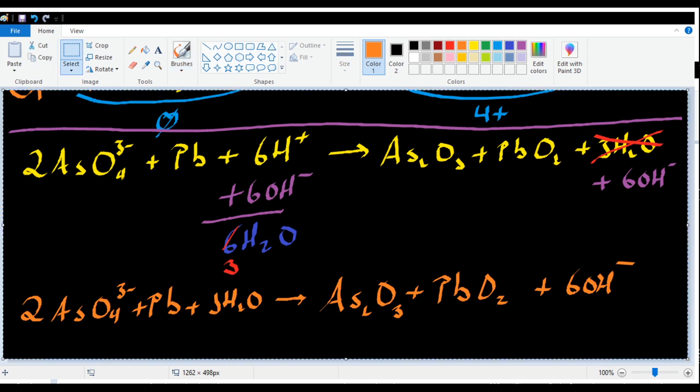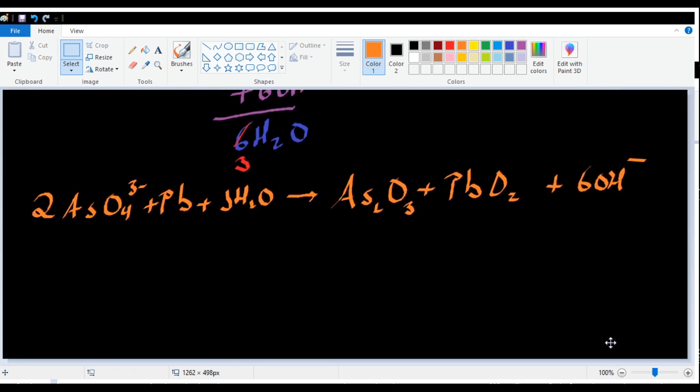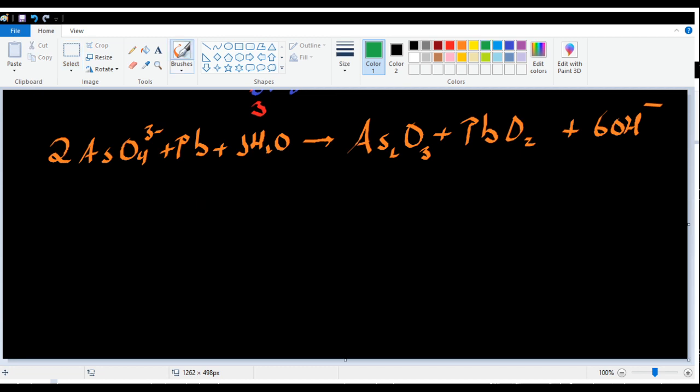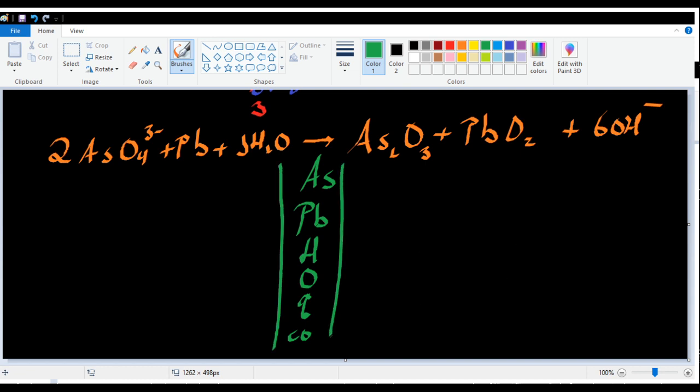Which means, once again, we get to double check. Check all the elements, check the charge, check the coefficients.